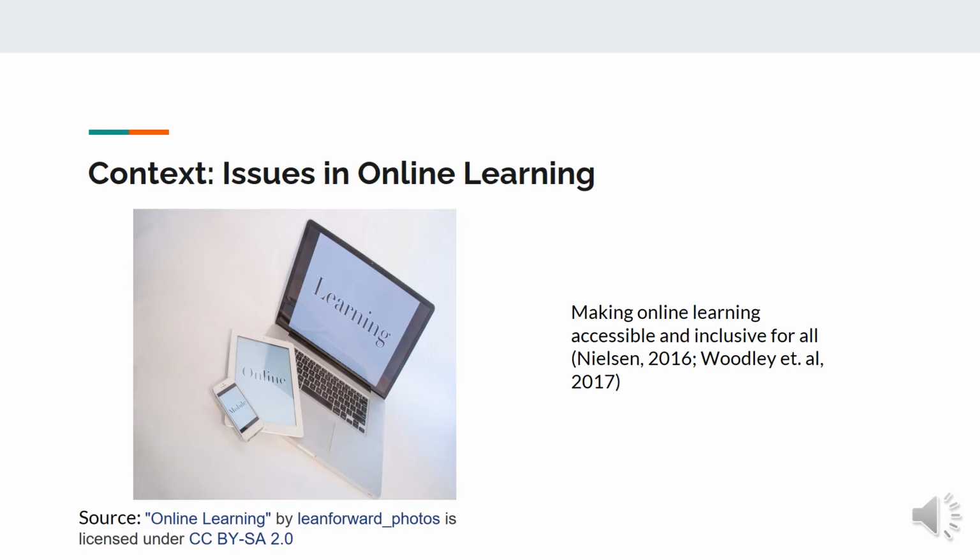So whether a student is disabled, and so on and so forth, they should still be able to have access and feel included in the class. And this moves beyond technological issues and even includes questions like linguistics.